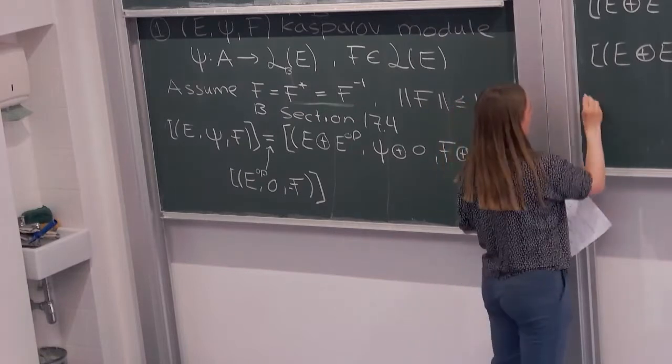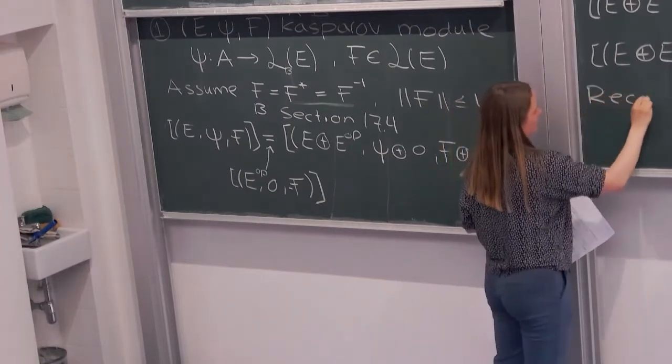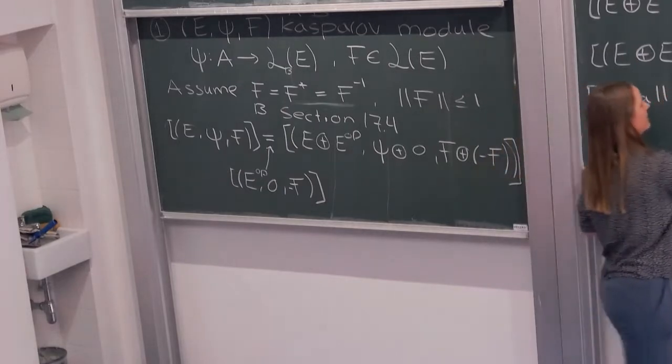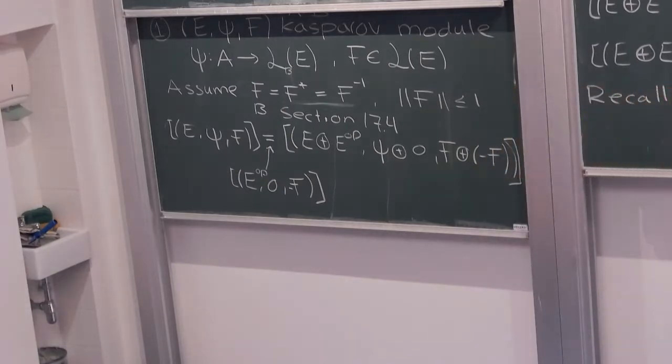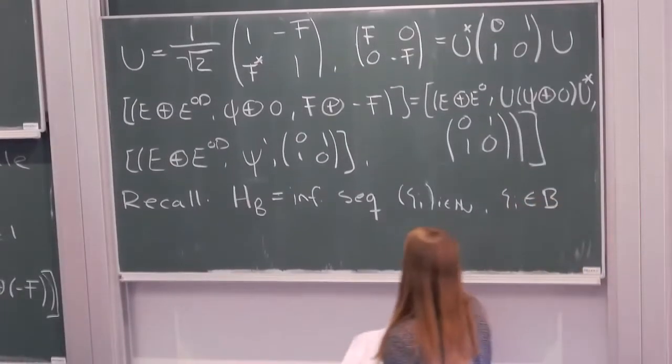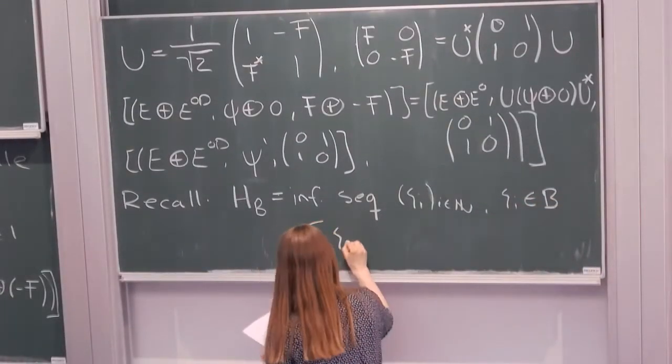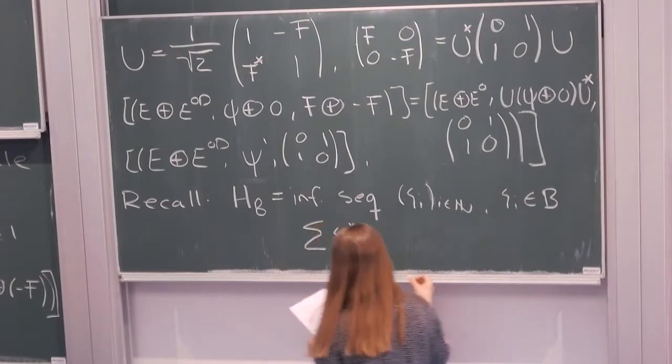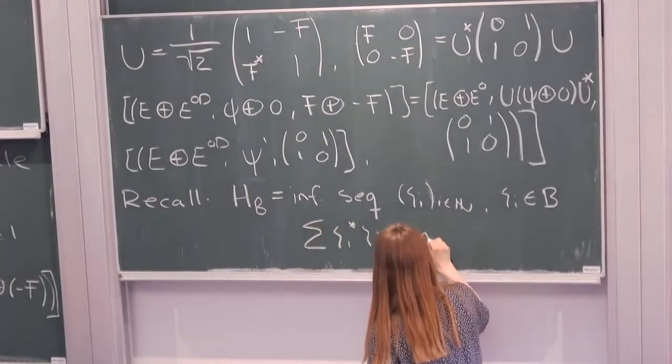So the next thing we want to do is to put all the information into the star homomorphism. So first, let me just recall, we had this last time, it was also defined, this HB of all infinite sequences psi I in B, such that if we take the sum over psi I star psi I, then it converges.